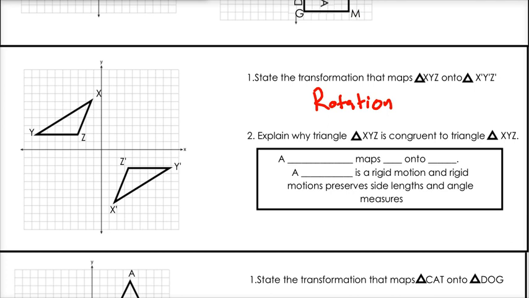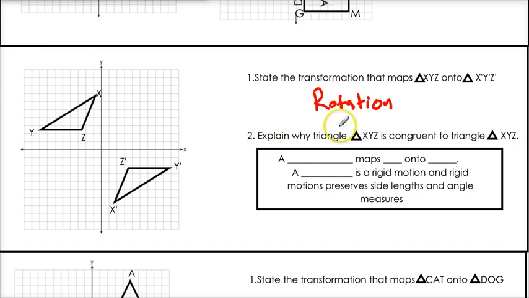So I'm going to take this triangle and rotate it around, and let's see if they map right on top of each other. They sure do. So all I had to do was rotate it and translate it, but we're just going to say we had to rotate it here. Now, since I can map them onto each other, I know they must be congruent.